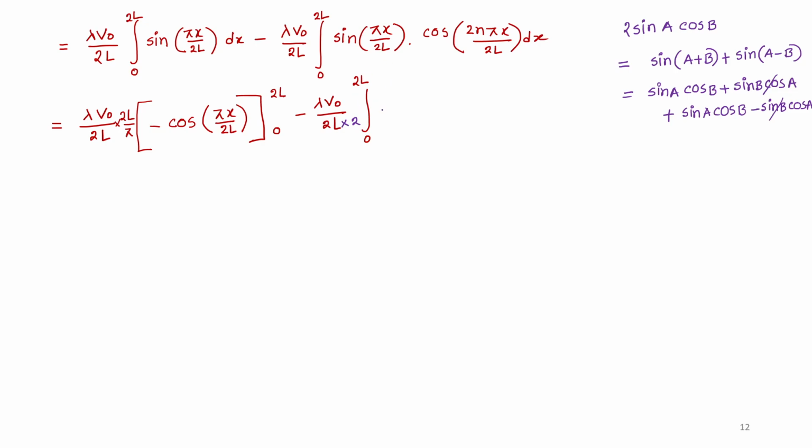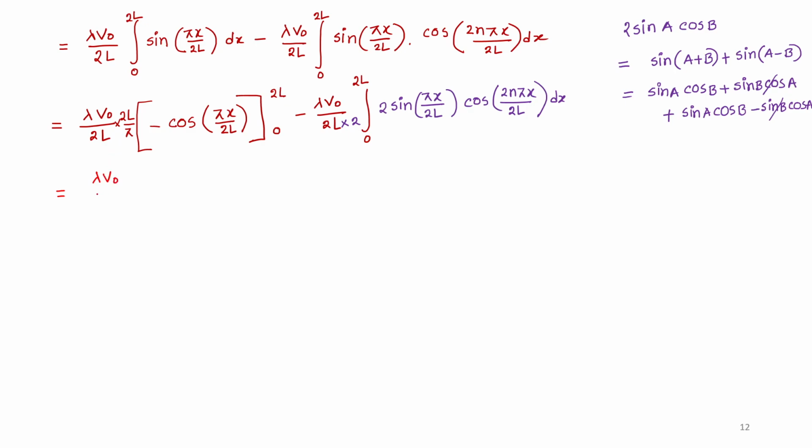So I can write 2 sine(pi x by 2L) cos(2n pi x by 2L) dx. So it will be something like lambda.